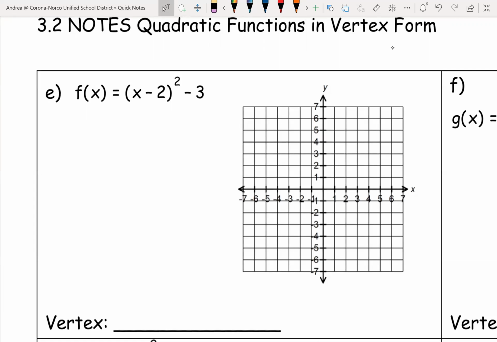Okay, we need to come up with a vertex. The vertex, opposite sign, so it's a +2 and a -3. We need the axis of symmetry.